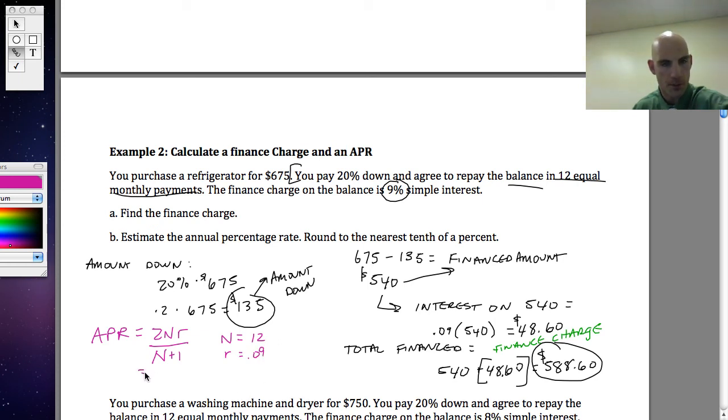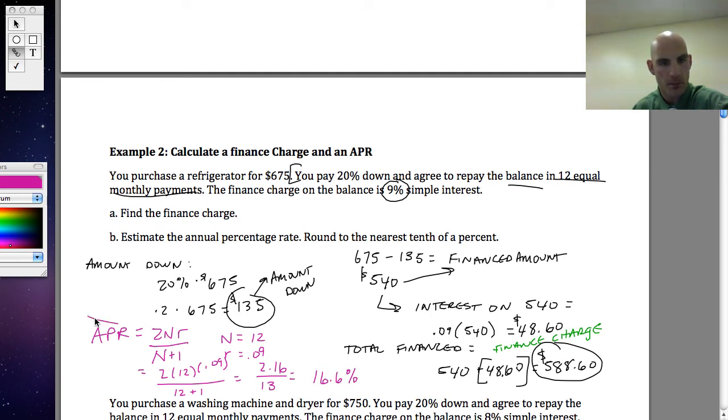So I put it into my formula: 2 times 12 times 0.09 over 12 plus 1 equals 2.16 over 13, and that's going to give me 16.6%.